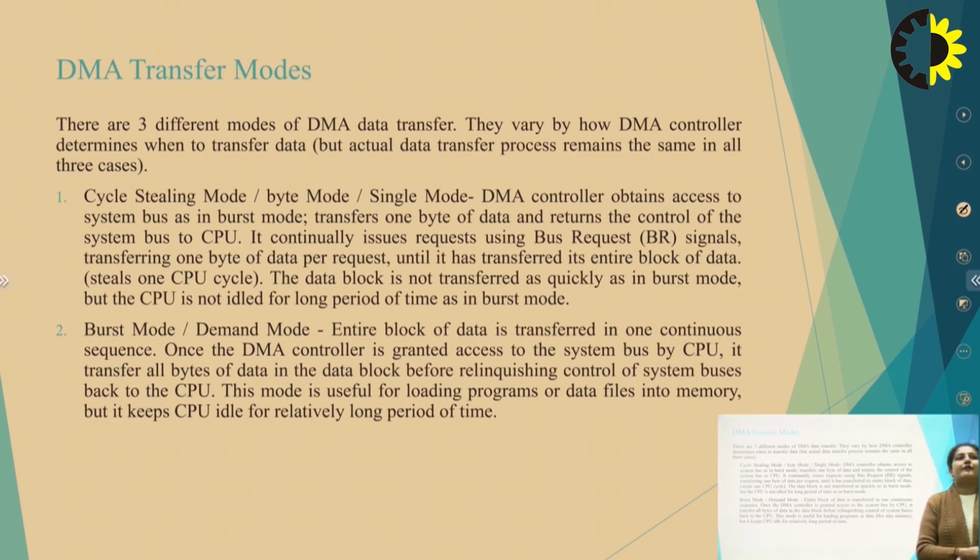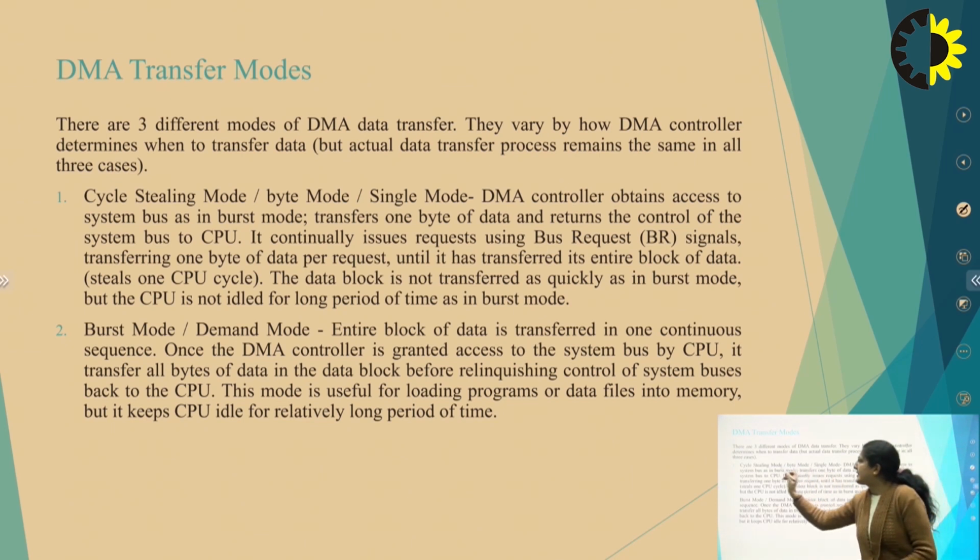So there are different types of DMA transfer modes also. There are basically 3 types of DMA transfer, but the main ones are cycle stealing mode and burst mode. So what is cycle stealing mode? Cycle stealing mode, or single mode or byte mode, means the DMA controller obtains access to the system bus, as in burst mode, to transfer 1 byte of data and return the control of the system bus to the CPU.